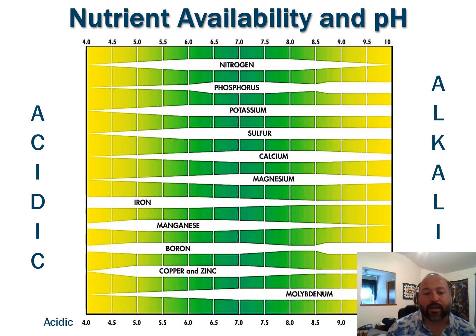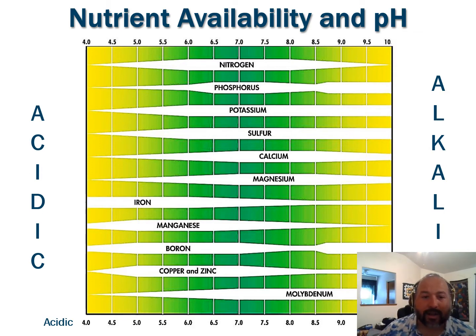Here's another look at that same chart, and this one goes all the way from 4 to 10, as opposed to the last one that went from 5 to 9. You can see that if we talk about that 5.5 to 6.5 range, where the majority of our forest soils are going to land, we'll be okay with nitrogen. Phosphorus could be an issue. Potassium, we're good.